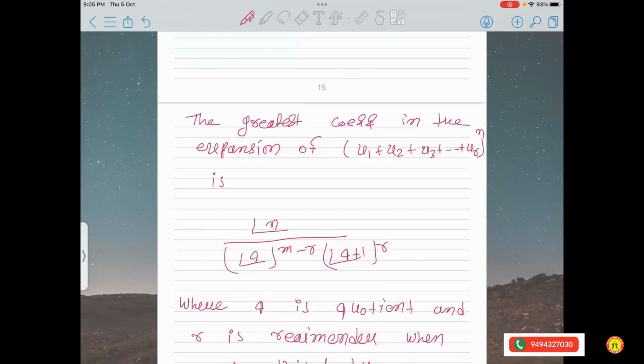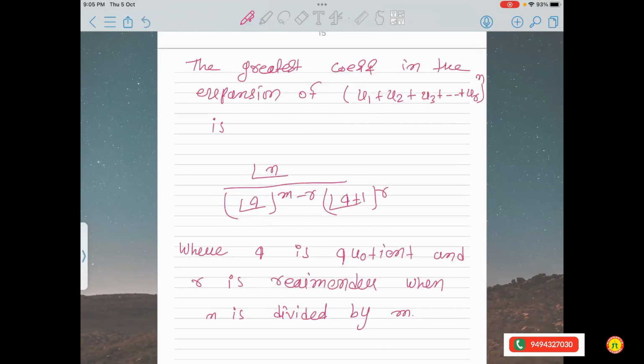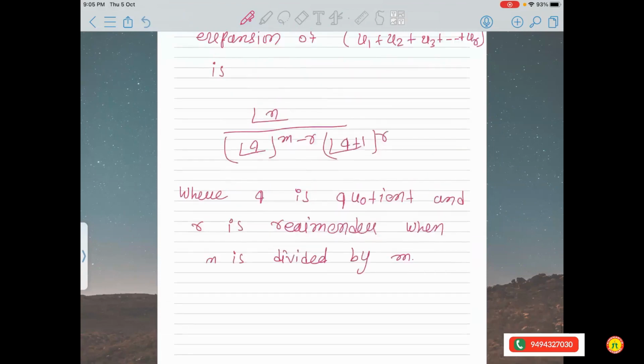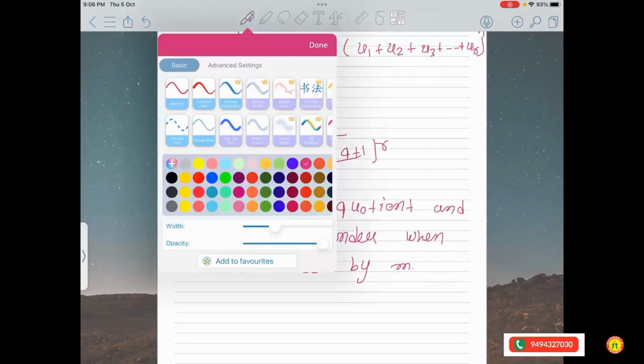Now the greatest coefficient in the expansion of x1 plus x2 plus x3 and so on, power n, is n factorial upon q factorial power m minus r into q plus 1 factorial power r, where q is the quotient and r is the remainder when n is divided by m. So we need to remember this formula.